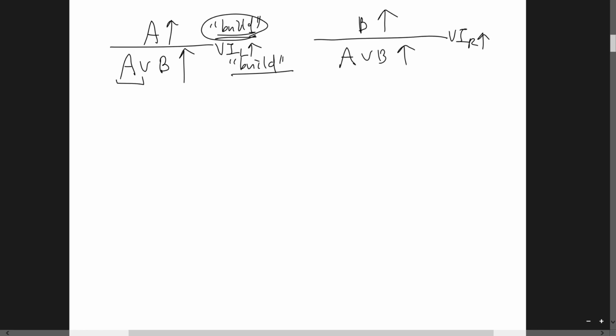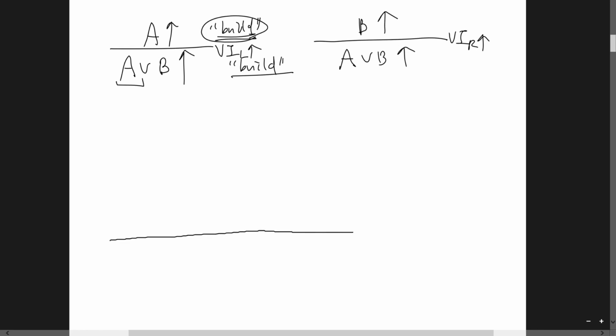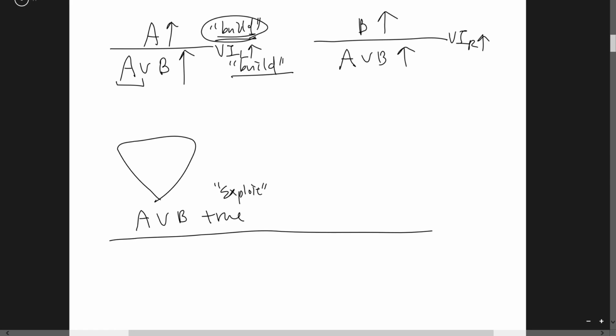What about the elimination rule? We start with A disjunction B true. And we already have a proof of this judgment. So we want to exploit this existing judgment. So we move downward. Now we have to consider two cases.